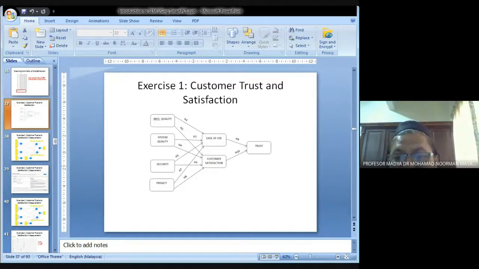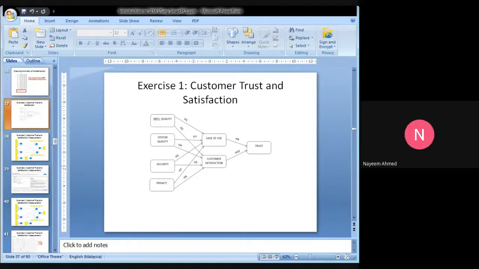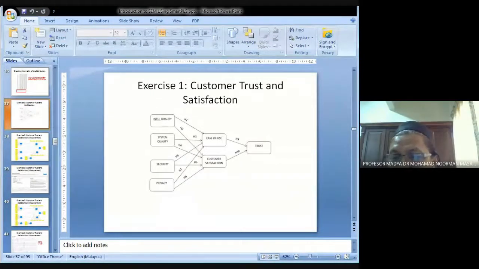Number 3 is on... Oh my God. Both of you still do not understand? Wilmina, you are from FLP, right? Can you hear my voice?